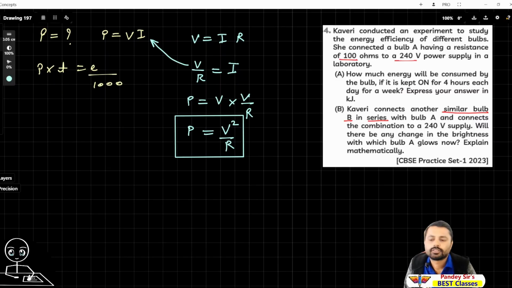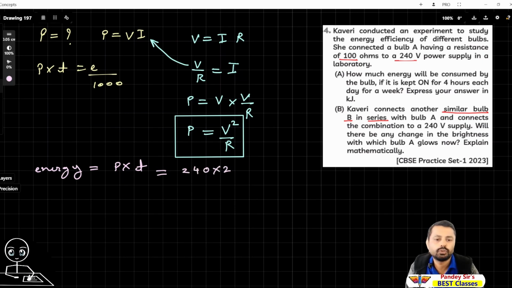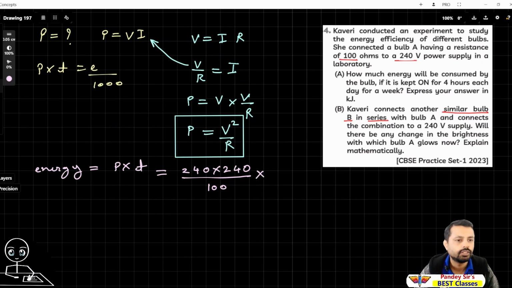Energy equal to P into T. So V square is 240 into 240, because V is 240, by R is 100, so 100 into 4 hours for a week, so into 4 and into 7.